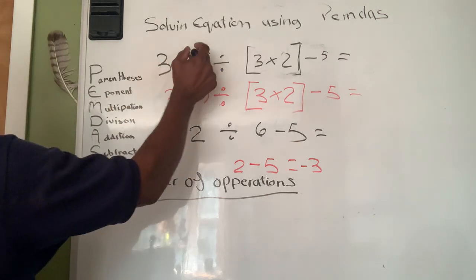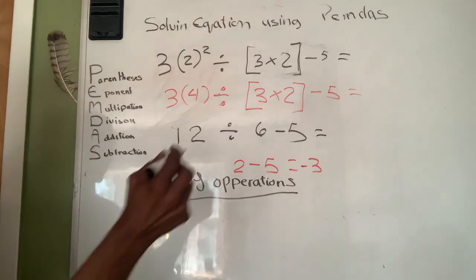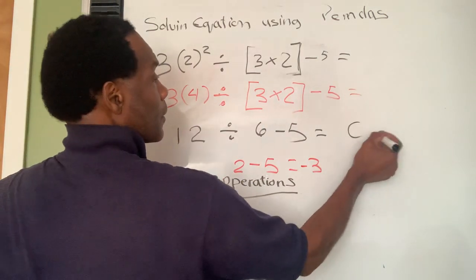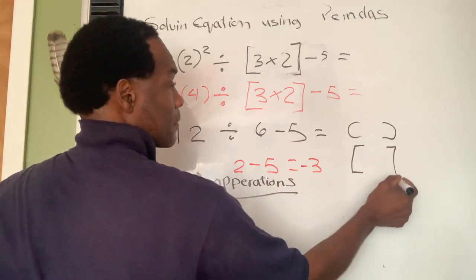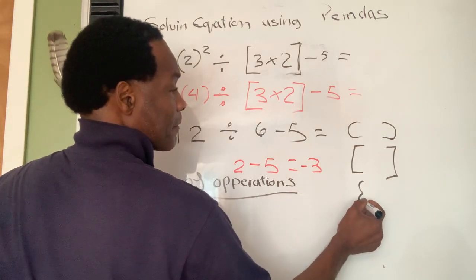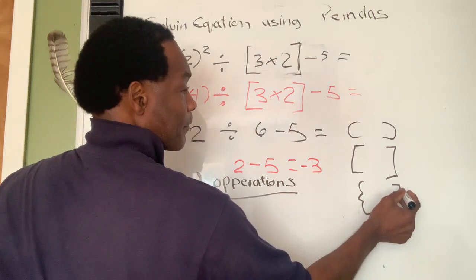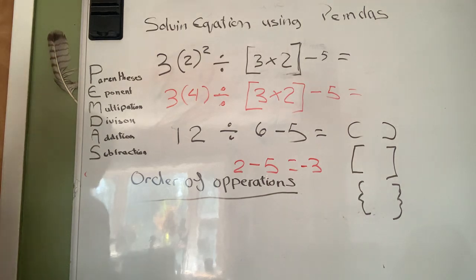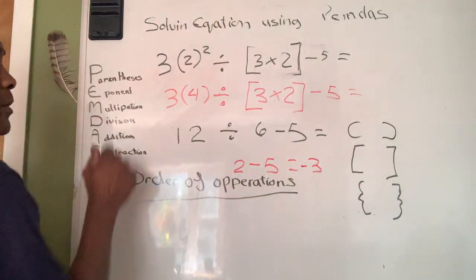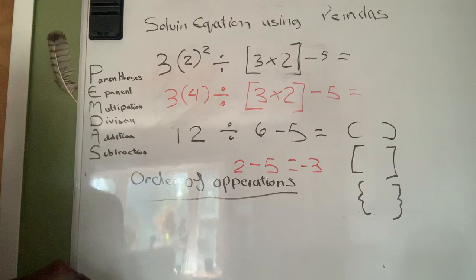You can write a parenthesis just like this, or you can have square brackets, or you can have curly brackets. It doesn't matter, they're still brackets, and the real name is parentheses.